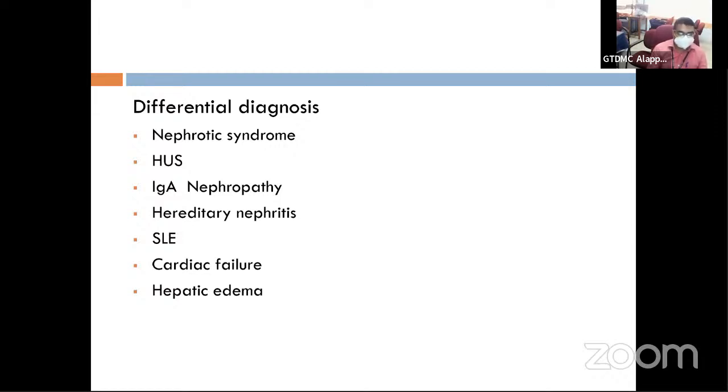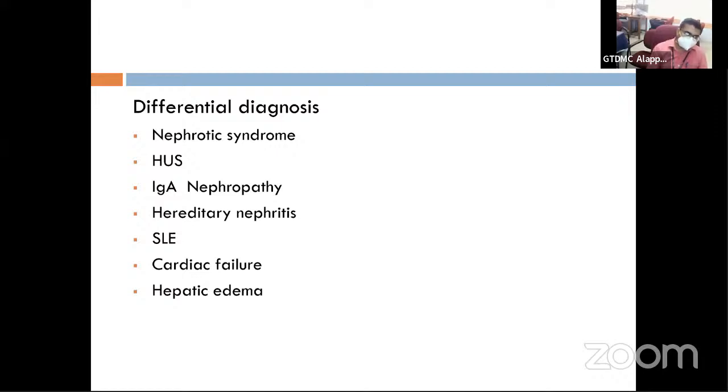And second is HUS, that is hemolytic uremic syndrome. Hemolytic uremic syndrome usually presents with pallor, edema, oliguria, and bleeding manifestation because of thrombocytopenia. In HUS, usually we get a history of diarrhea just 1 or 2 days before the onset of this edema, pallor, and oliguria.